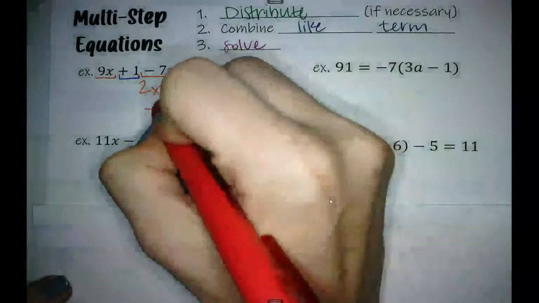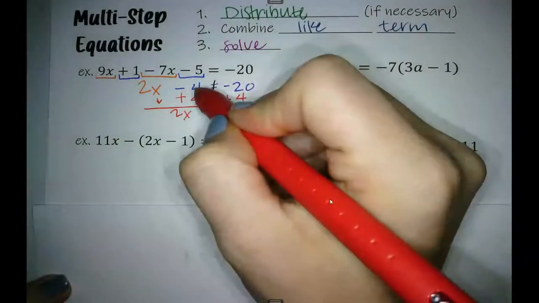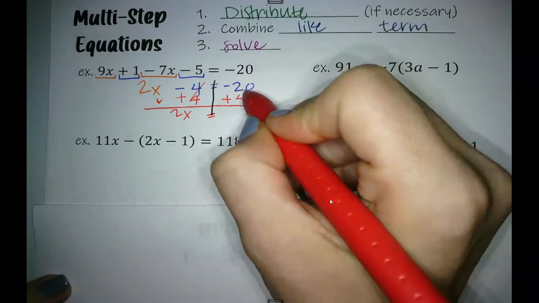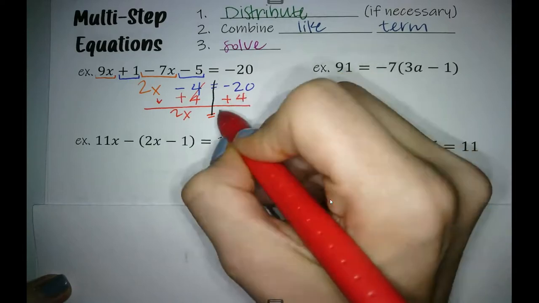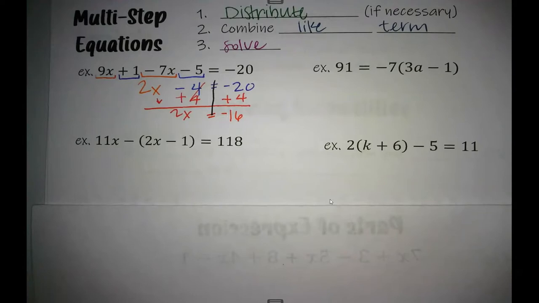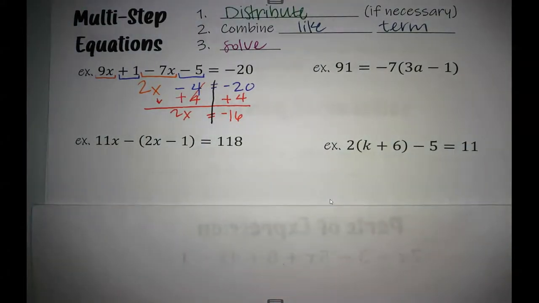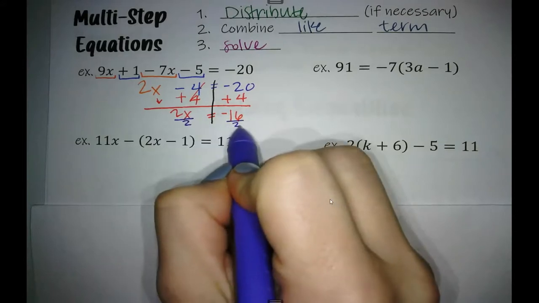Nothing happened to this 2x, so it's still a 2x. This negative 4 plus 4 cancels out. We've got negative 20 plus 4, which gives me negative 16. Now I can handle this 2 being multiplied by doing the opposite and dividing both sides by 2.